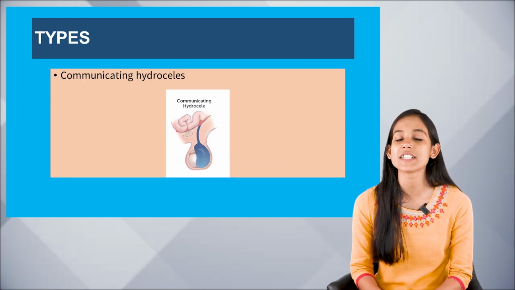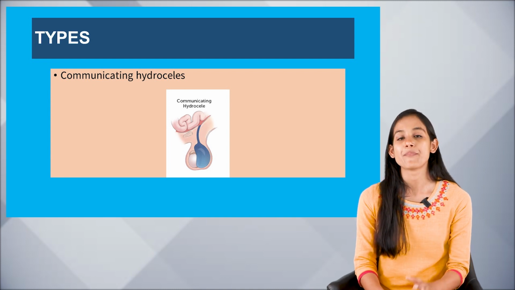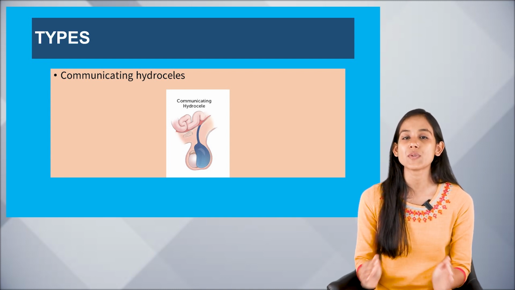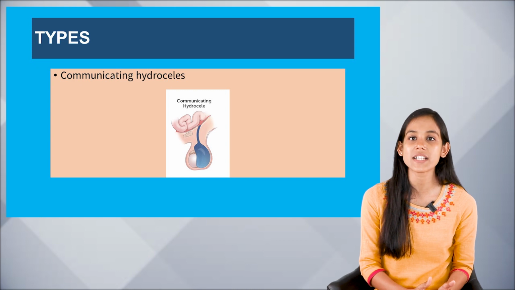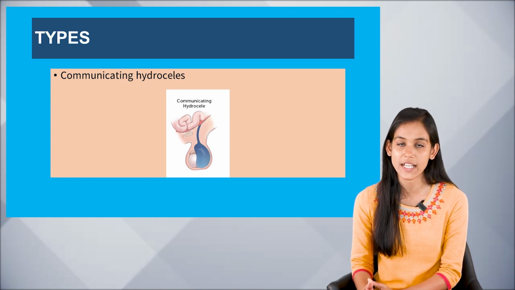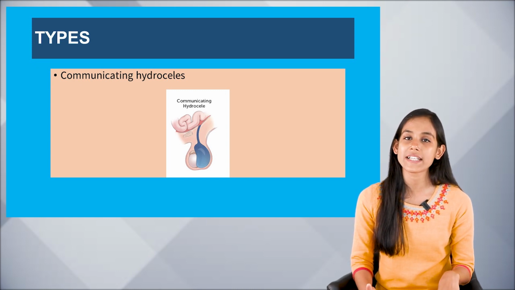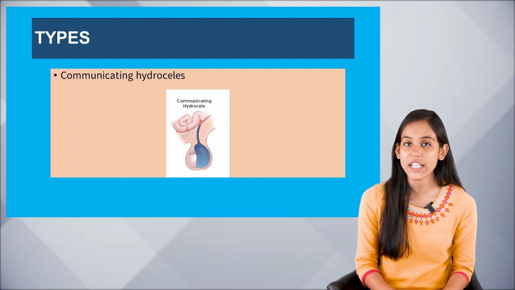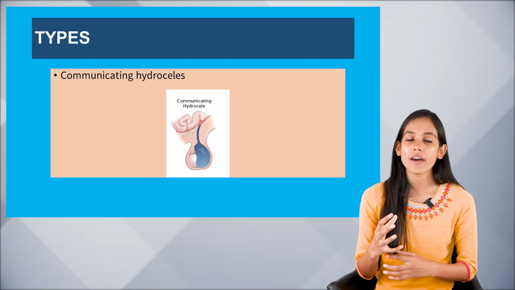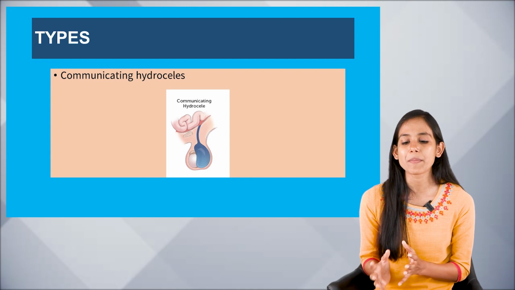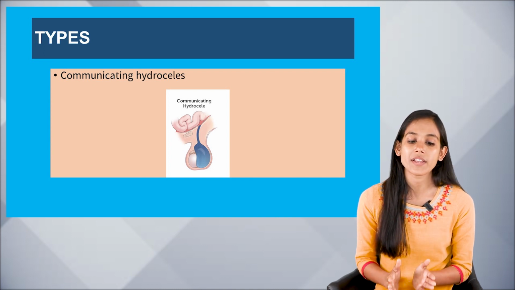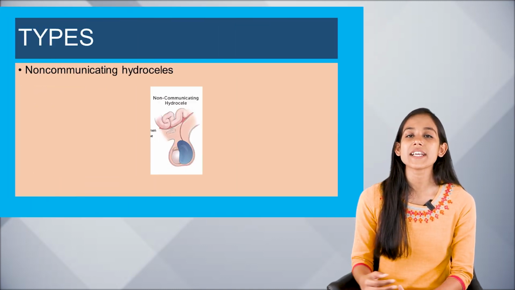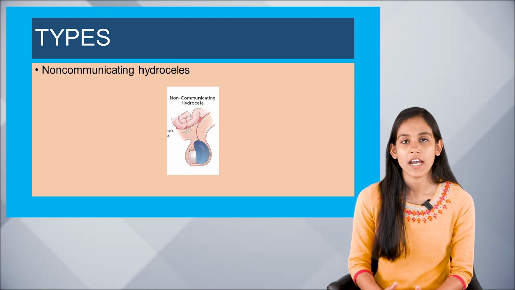Well, next, moving on to the types of hydrocele. Here we have majorly two types, that is communicating hydrocele and non-communicating hydrocele. The first one, communicating hydrocele: here we can see a persistent communication with the abdominal cavity. The next one is non-communicating hydrocele.